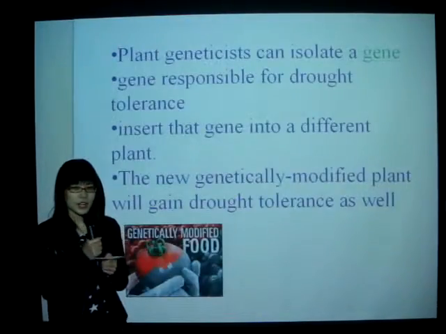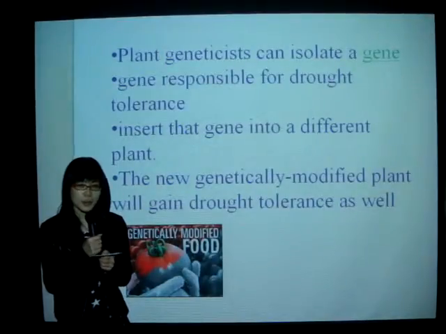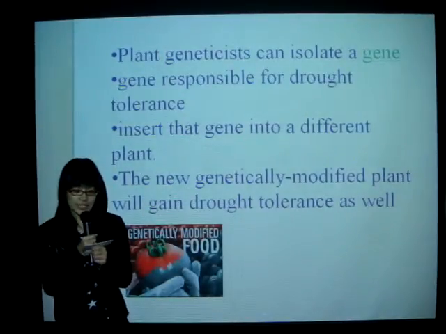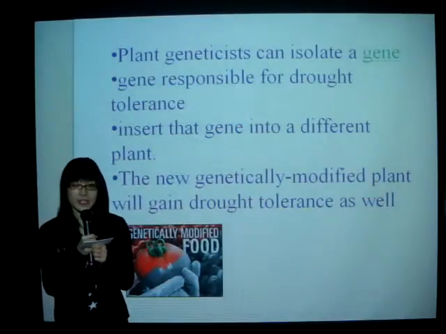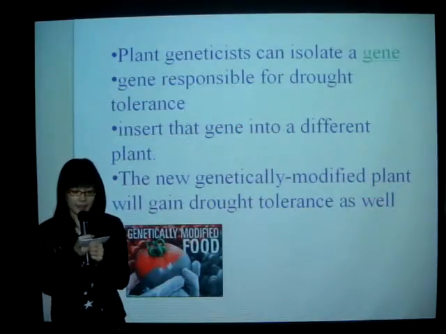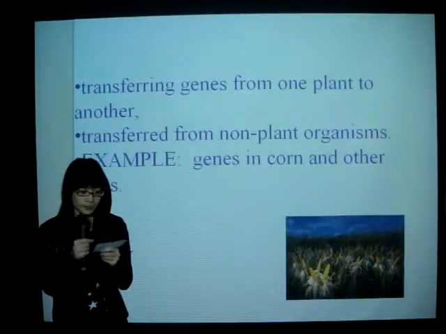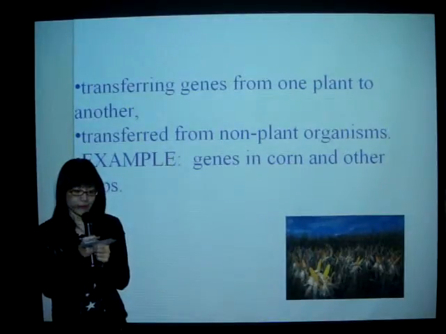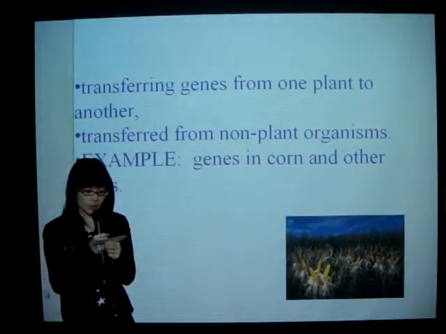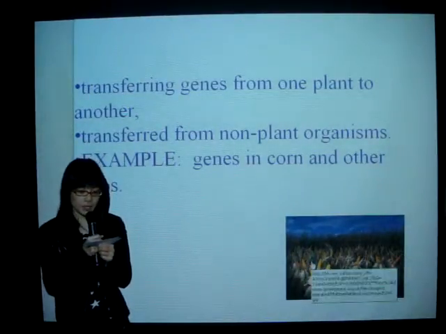Now I'm going to talk about some details and some examples of GM food. Plant genetics can isolate a gene responsible for drought tolerance and insert it into a different plant, so the new genetically modified plant will gain drought resistance. Besides transferring a gene from one plant to another, we can also transfer genes from non-plant organisms.